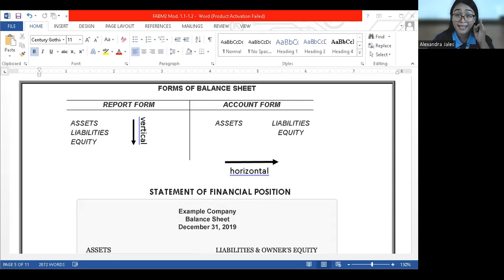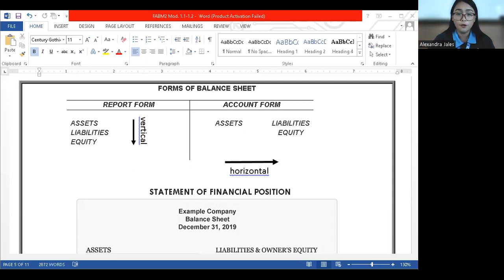Clear? You have your assets, your liabilities, and equity. These will be your major accounts that will be used in your SFP, so we need to be familiar with that. And of course, your balance sheet. You should know how to prepare your balance sheet.